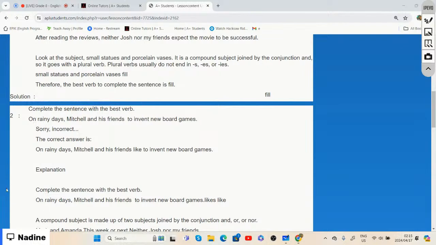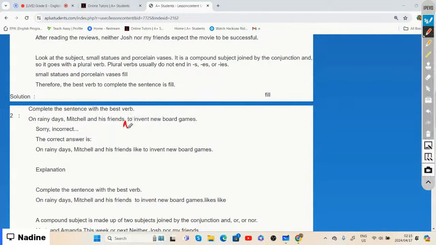So we're going to add our best verb over here. If we were to choose the correct verb, we would say that they like to invent new board games.